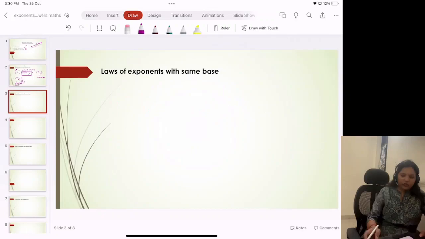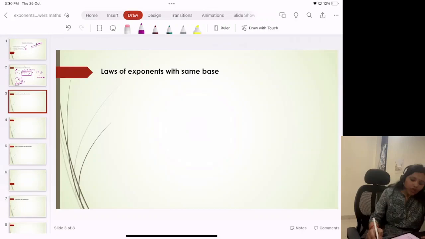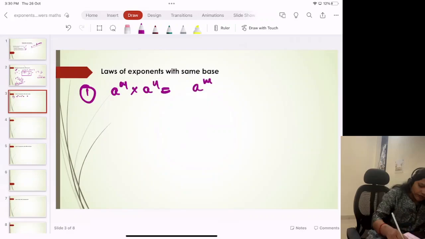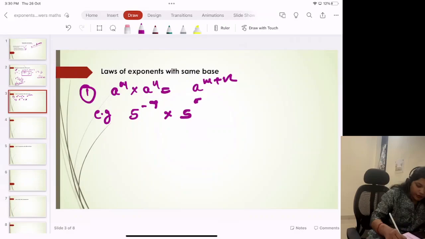Right? Now coming to the second part, that is the laws of exponents with same base. The first law is, if I write a to the power m into a to the power n, this becomes a to the power m plus n. For example, if I have written 5 to the power minus 7 into 5 to the power 5.